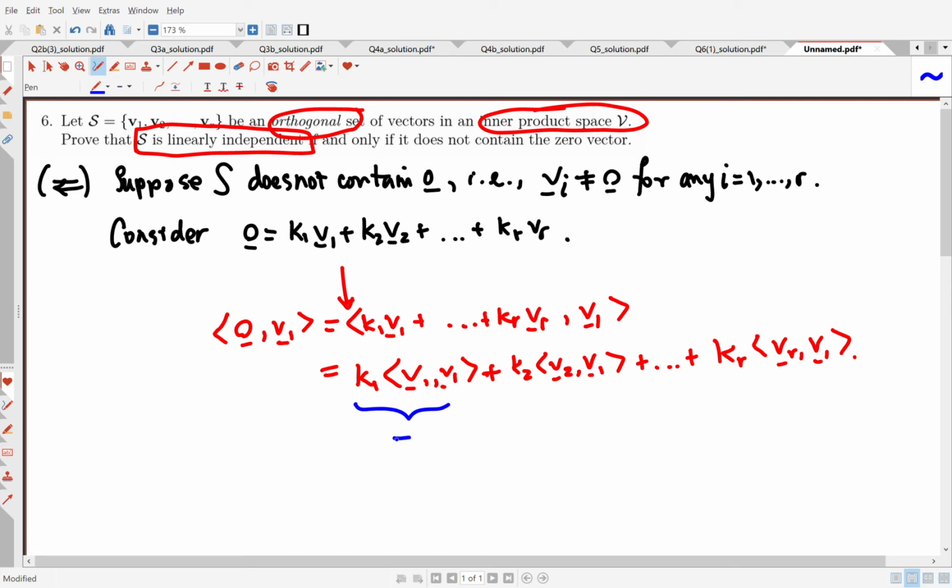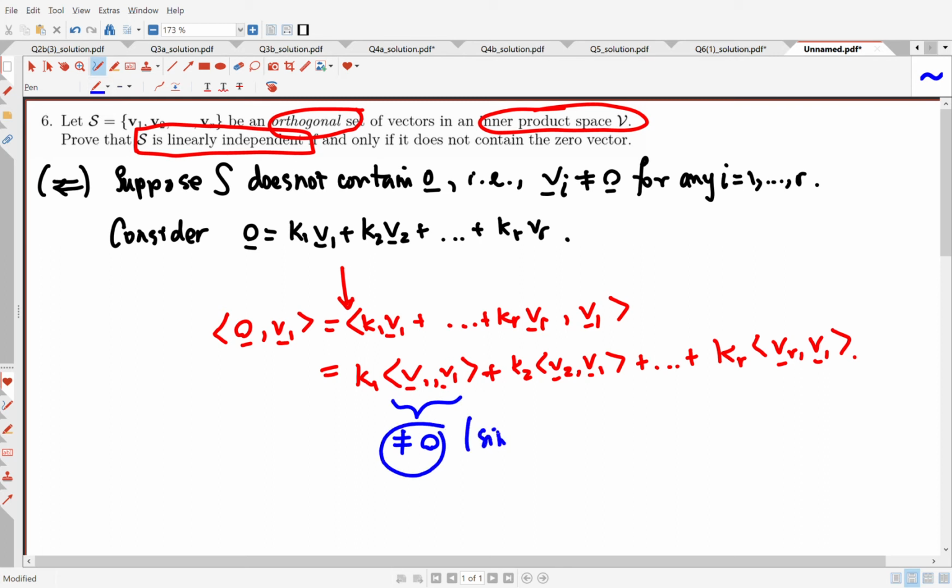Of course, this part, because we are not taking the inner product of two different vectors in S, is not 0. Why is it not 0?